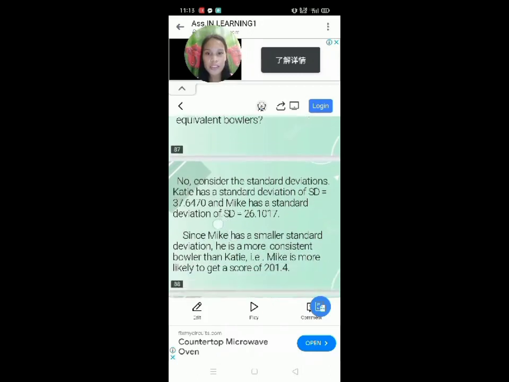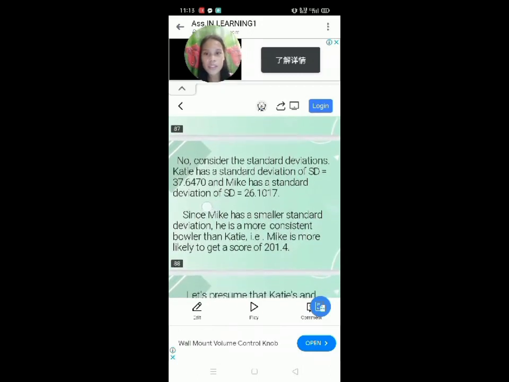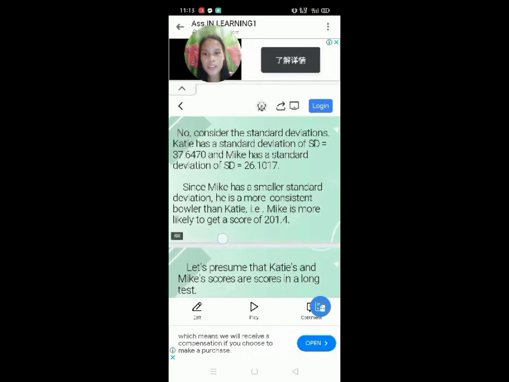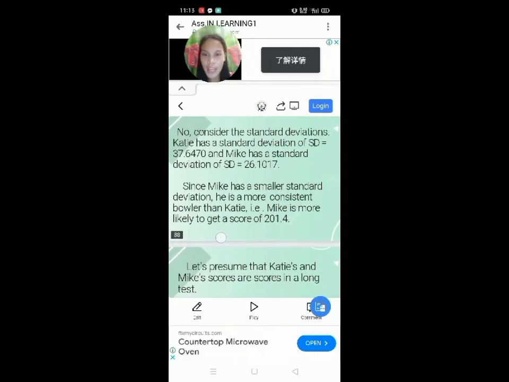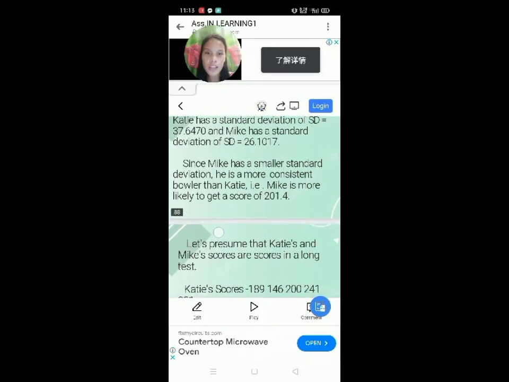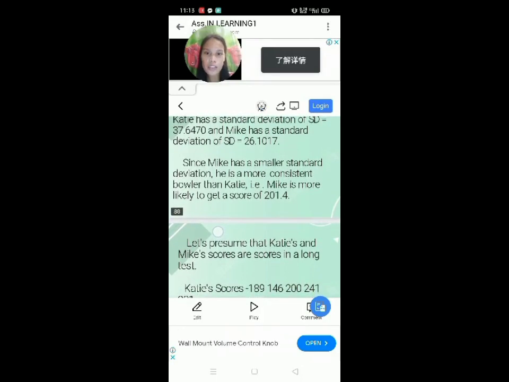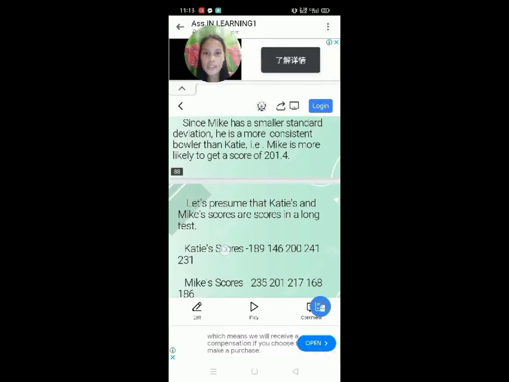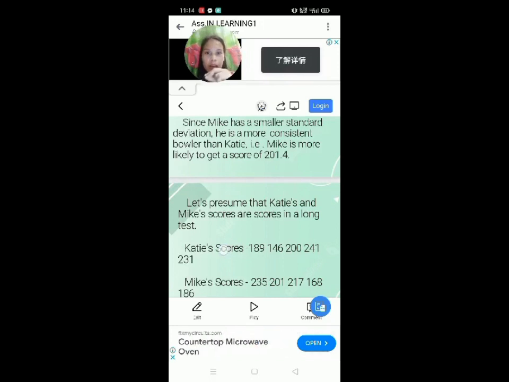Kitty has a standard deviation of 37.6470, and Mike has a standard deviation of 26.1017. Since Mike has a smaller standard deviation, he is a more consistent bowler than Kitty.